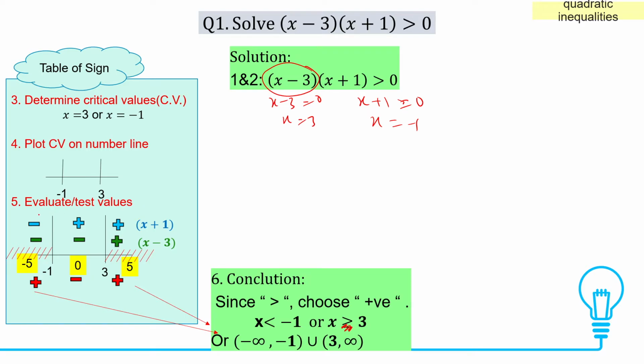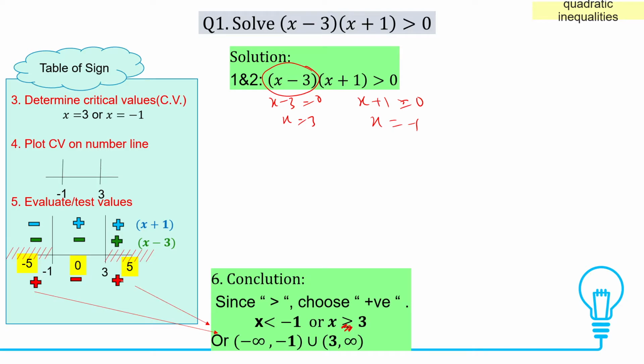Okay, so the testing is already done, and then how to get the red color sign over here? We use positive multiplied by positive, we get positive. Positive multiplied by negative is negative, and negative multiplied by negative is positive.